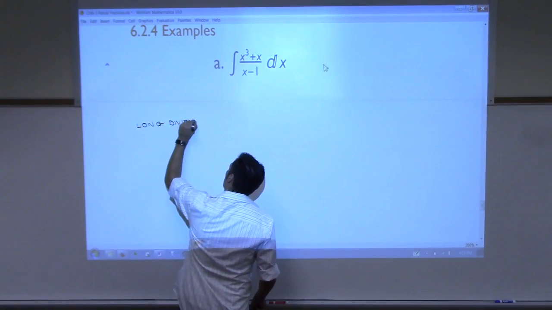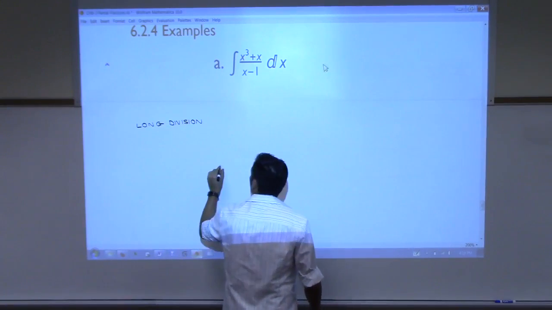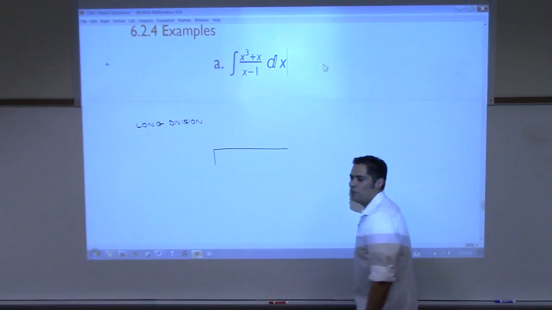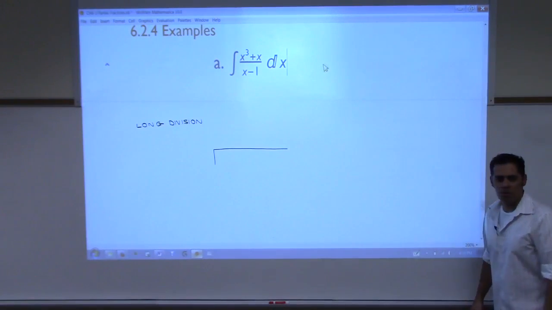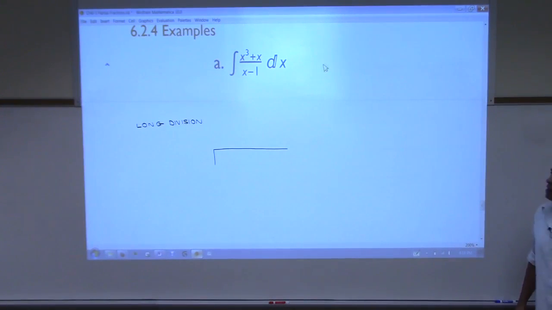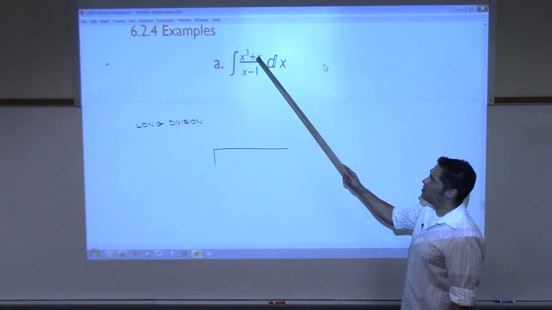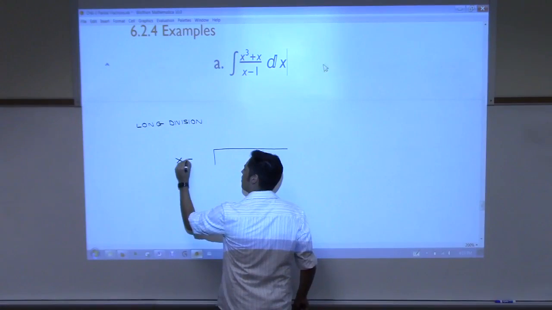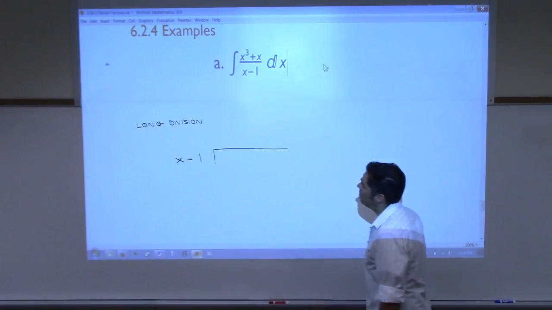I know you all love long division. It's just something you do in your spare time. So this is the way it goes with long division. It's the good old division box. The numerator goes in the box, the denominator goes outside the box, and you make sure they're in descending order. So I'm going to put the denominator on the outside.